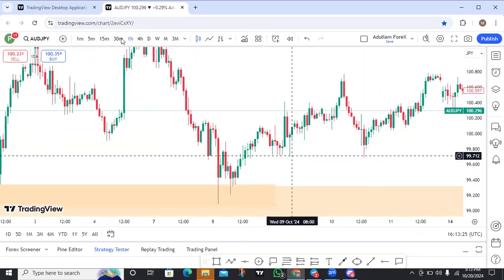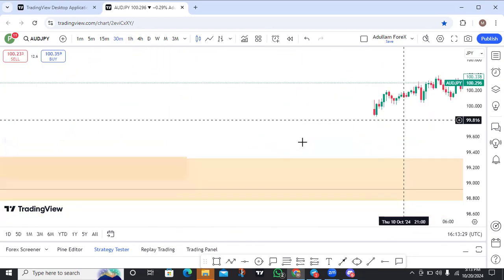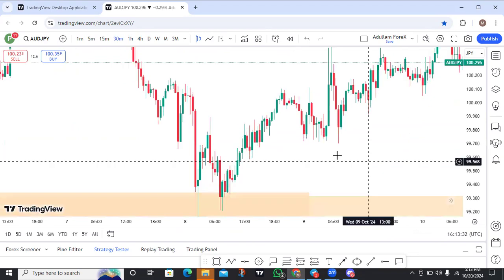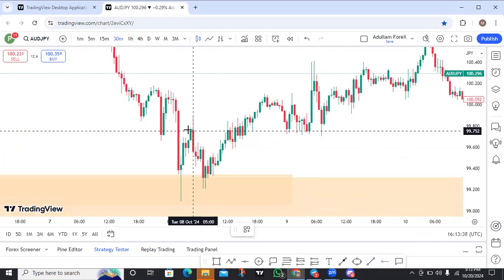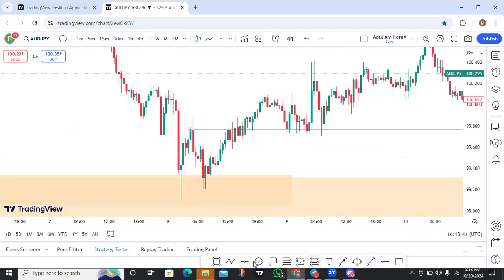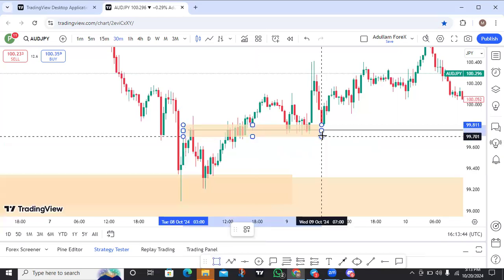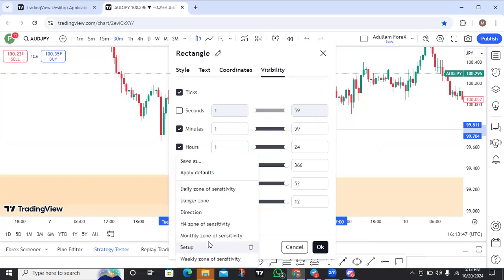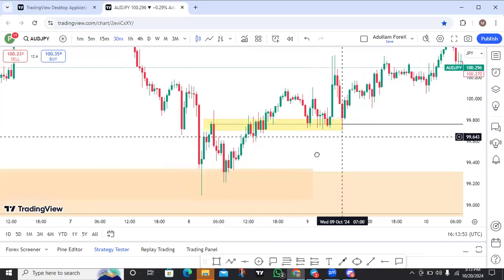But then I got in early. But there is also this on M30, let me put my line there. There's actually a SNRC1 here at this level. So if you waited for confirmation, you got in here.